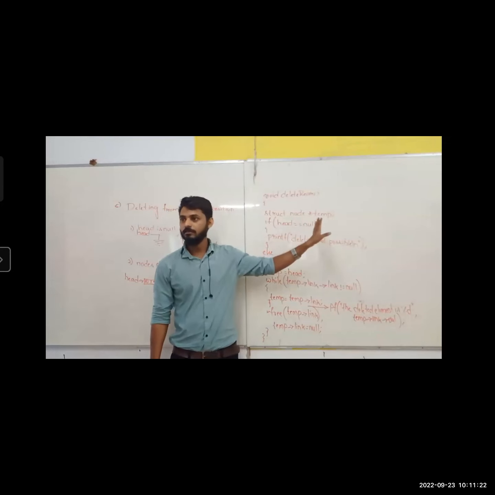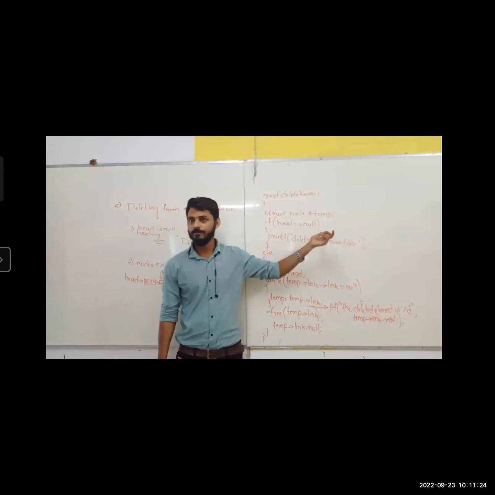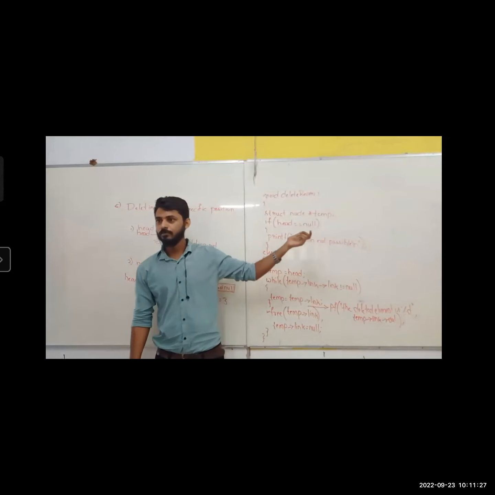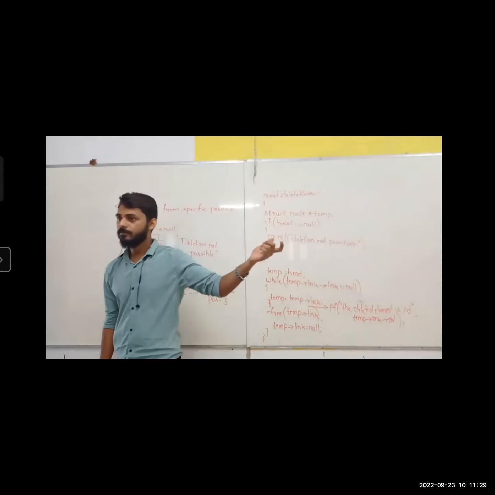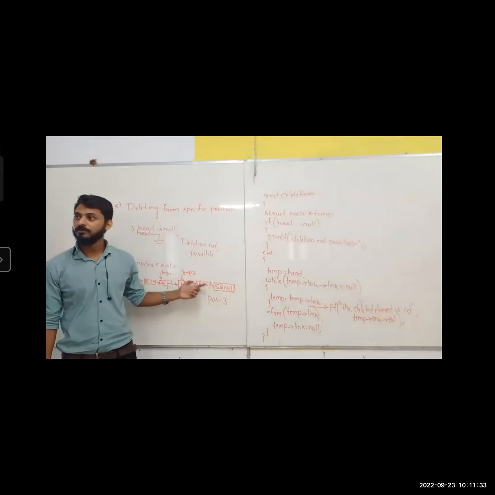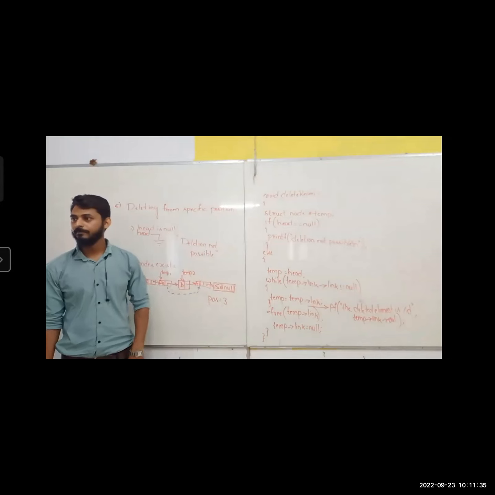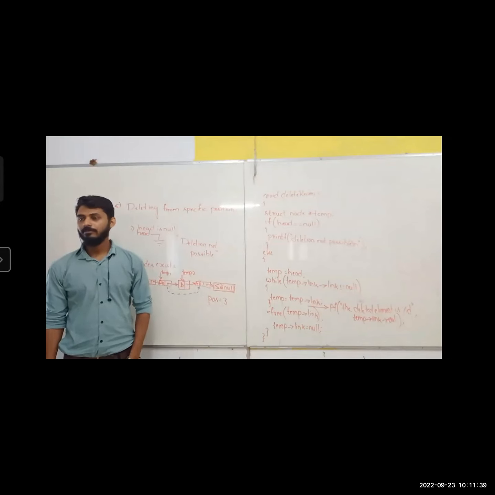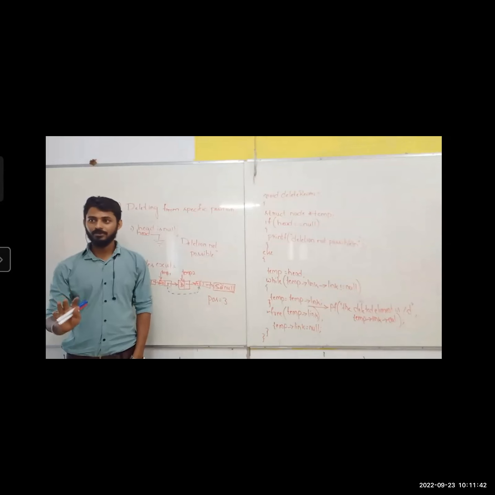Address. Basically temp 1, temp 2, what is it? Is it a normal variable? Is it holding an integer? It is holding the address of one complete node. So if you try to print that, what will you get?